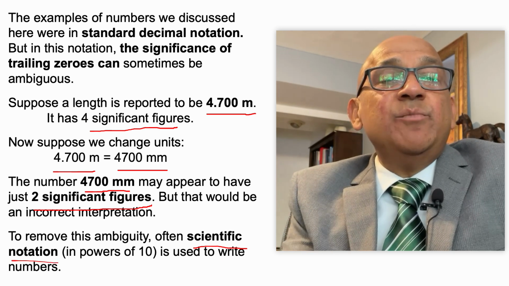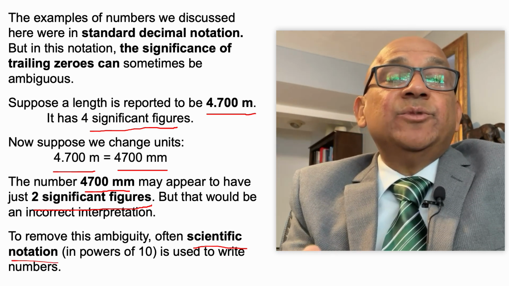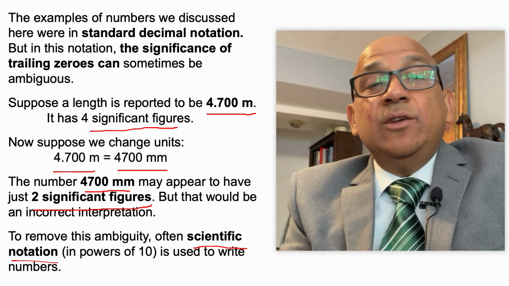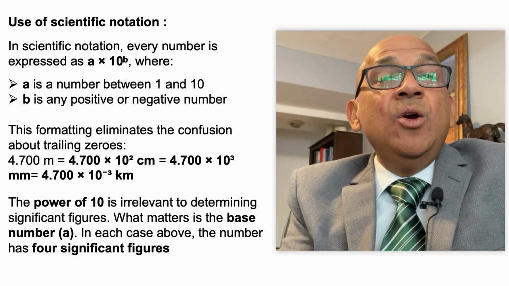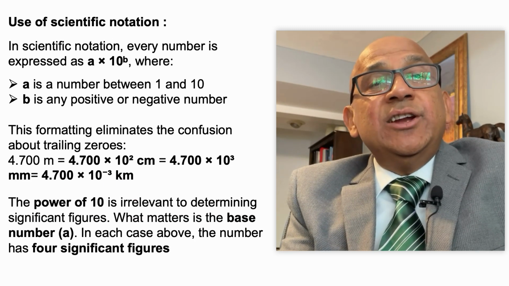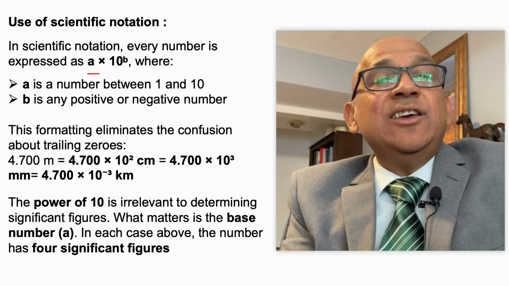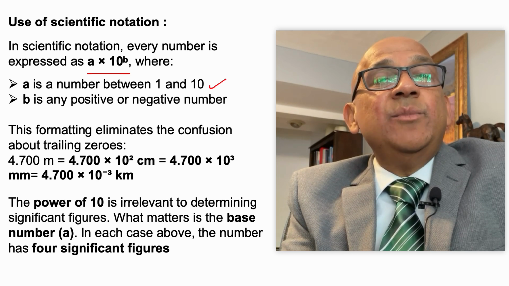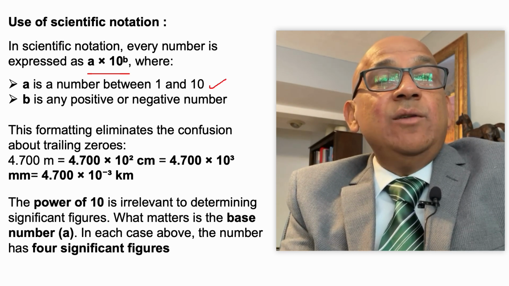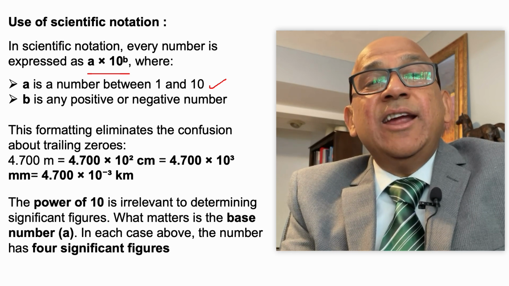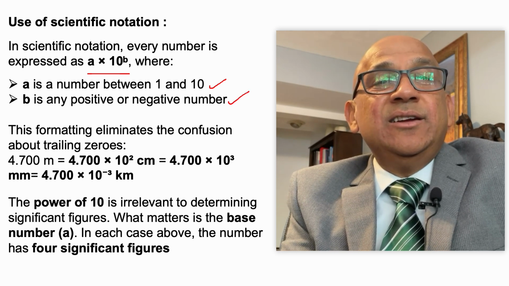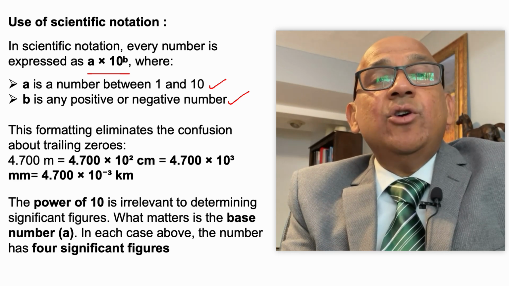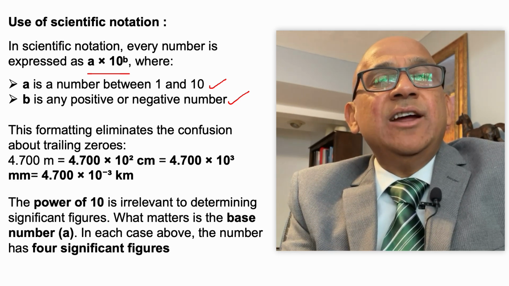Instead of this simple decimal notation, it is customary to use scientific notation for most scientific work. In scientific notation, every number is expressed as a times 10 to the power b, where a is a number between 1 and 10, while b is any positive or negative number.